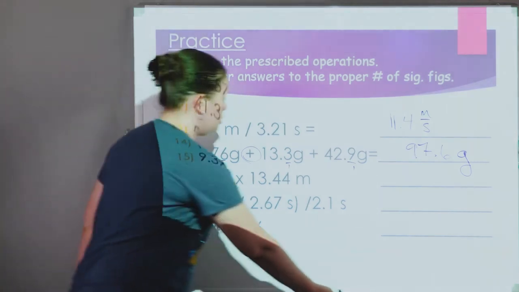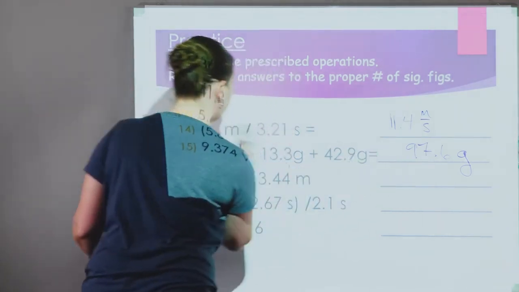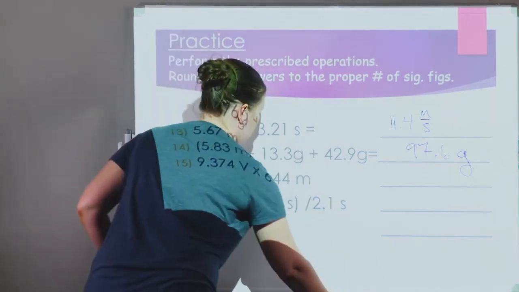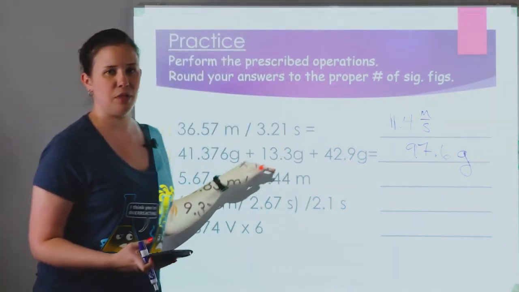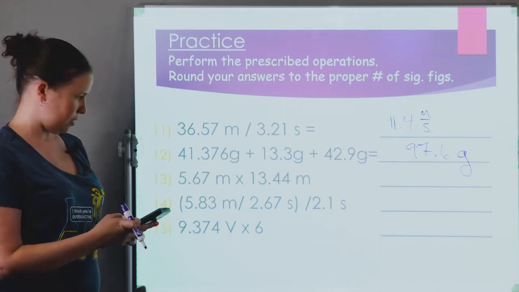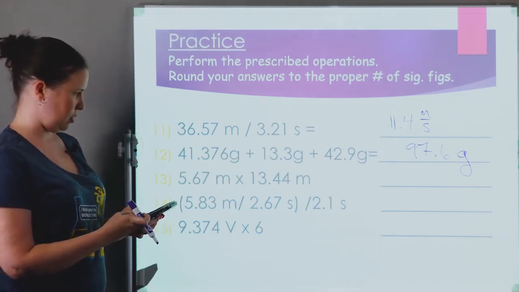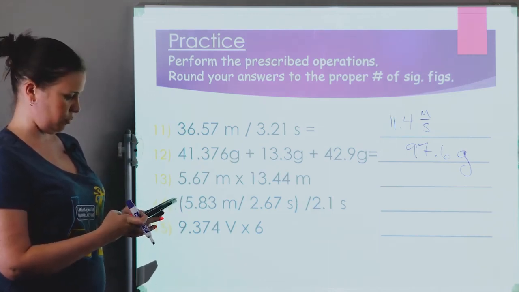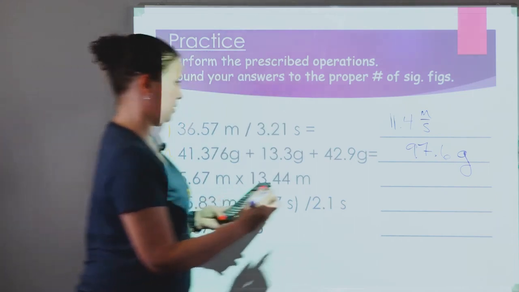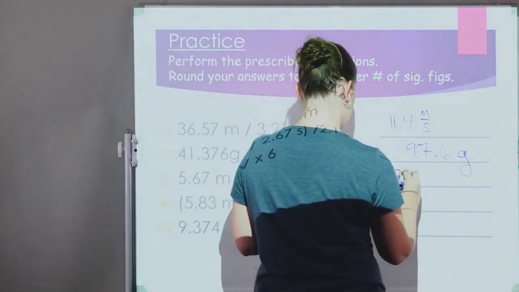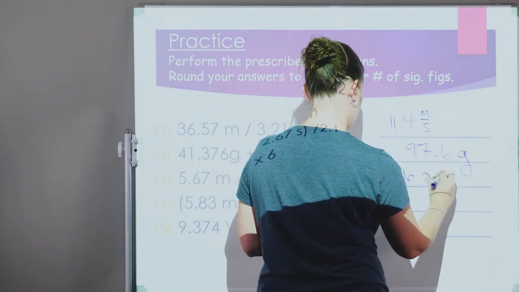All right, next one is multiplication again, similar to number 1. So we're going to be going by the least significant figures. So I'm going to type in 5.67 times 13.44, and I get 76.2048.